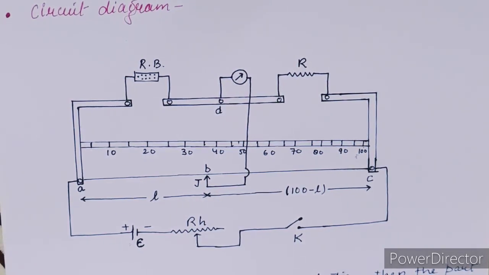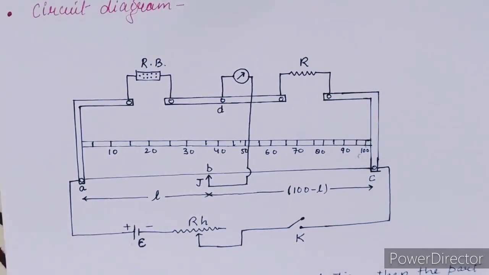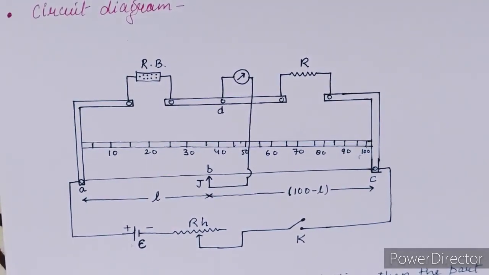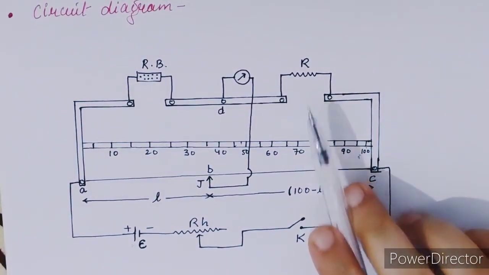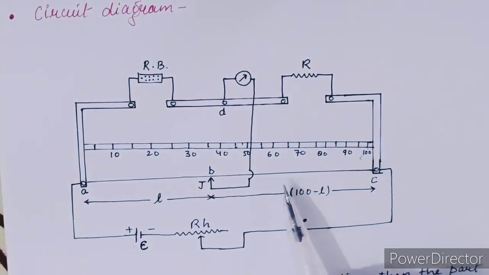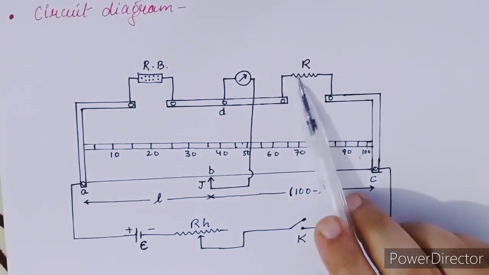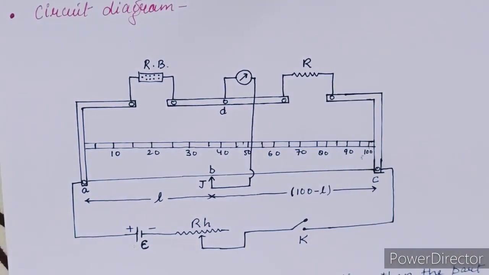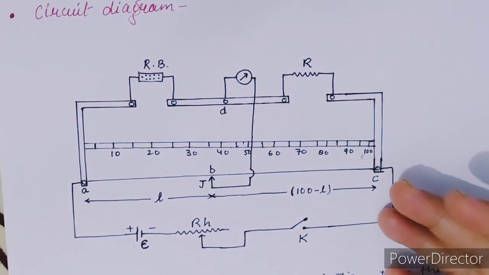Three types of practicals are performed in this experiment. One is calculating the value of an unknown resistance. Second, when two resistances are connected in series combination, and third, when they are connected in parallel combination. These three types of experiments are there in your physics practical.